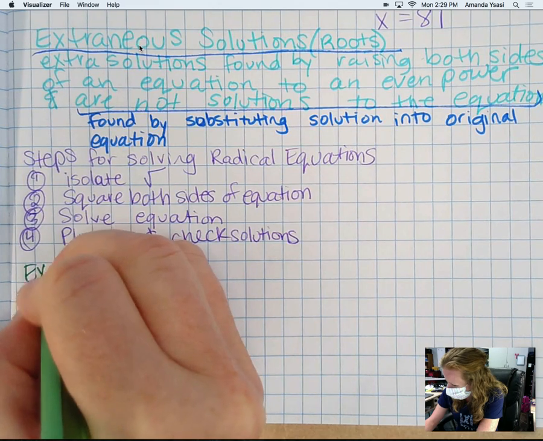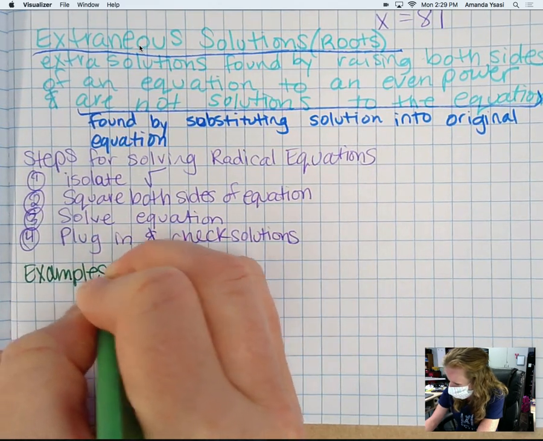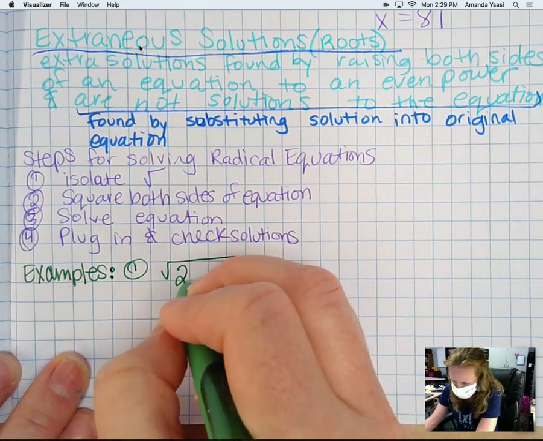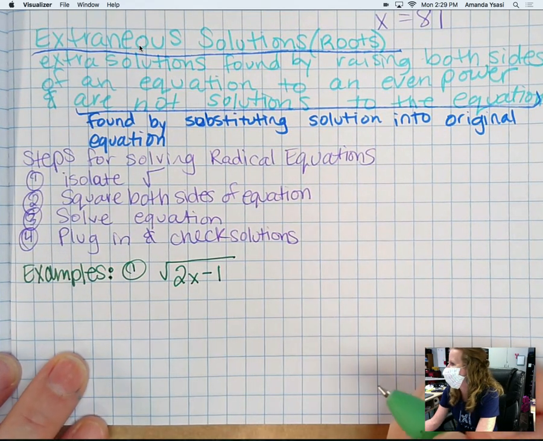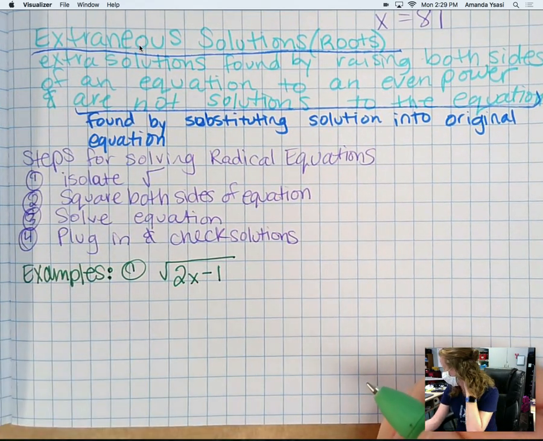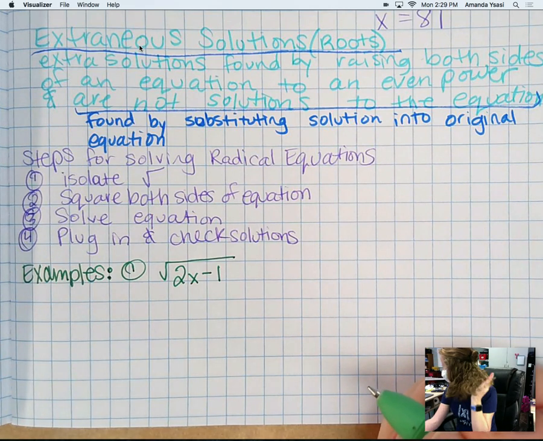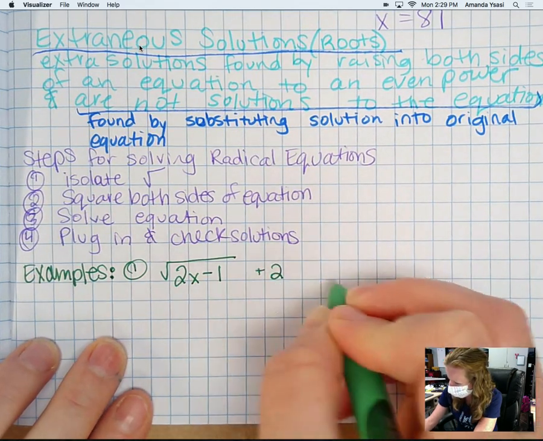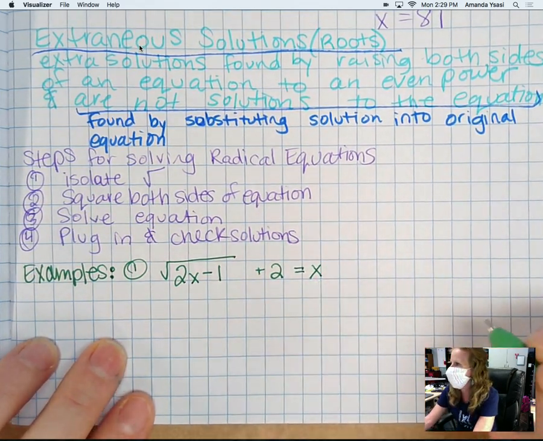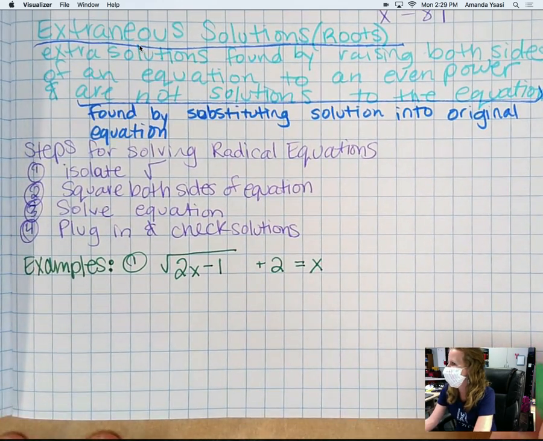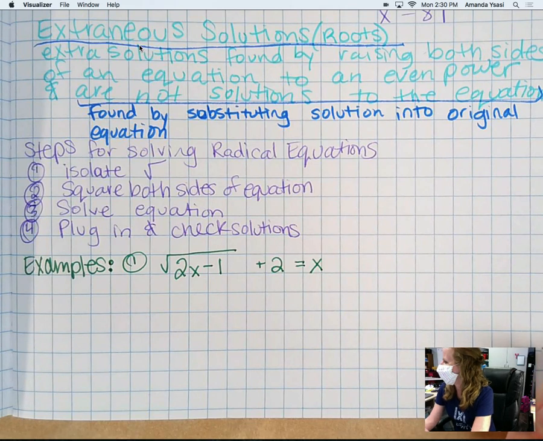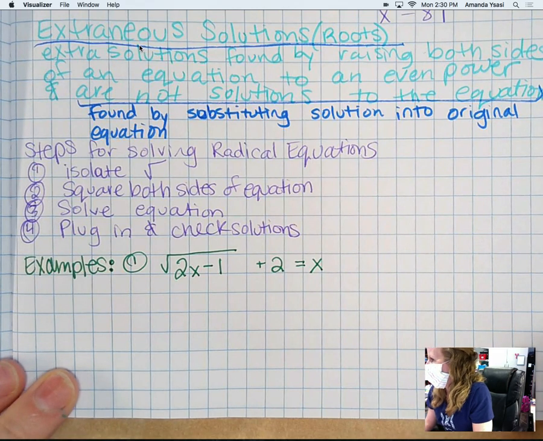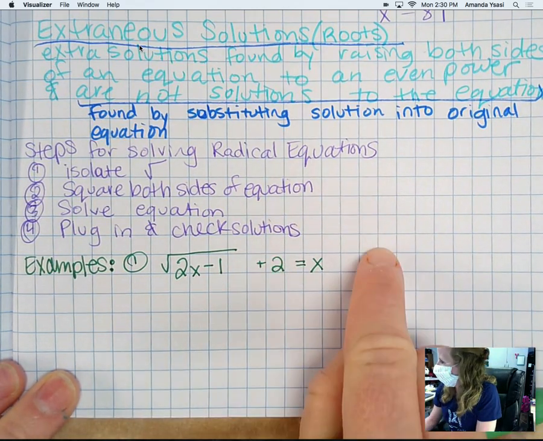All right, so we have some examples. Square root of 2x minus 1, and then plus 2 outside the radical, equals x. Okay, so step one is isolate the radical. That means I need to move this plus 2 to the other side.